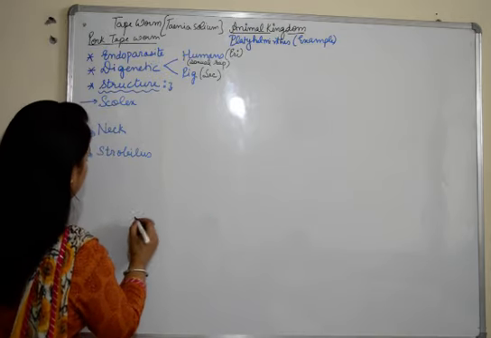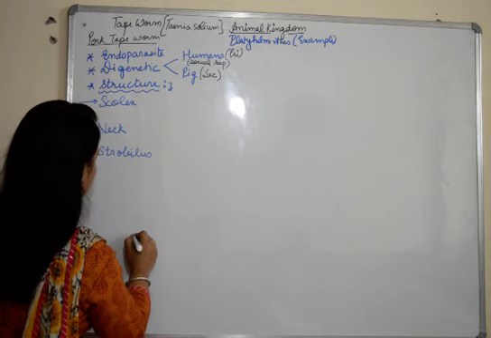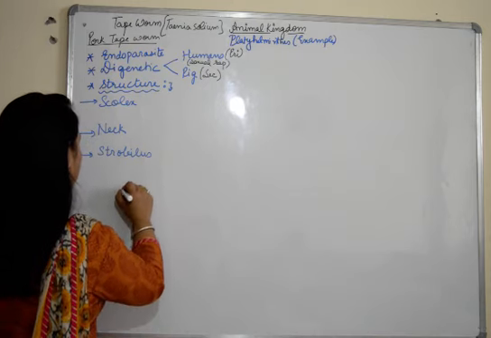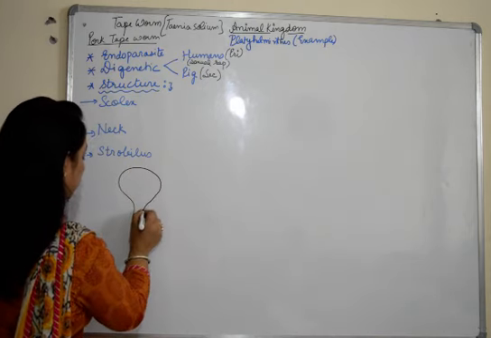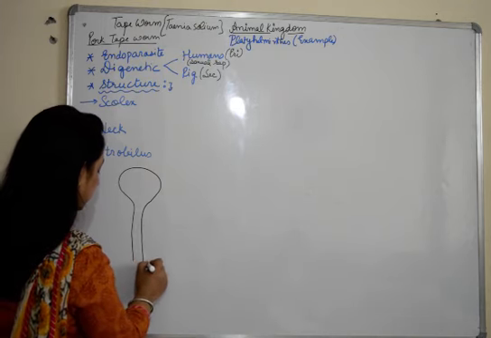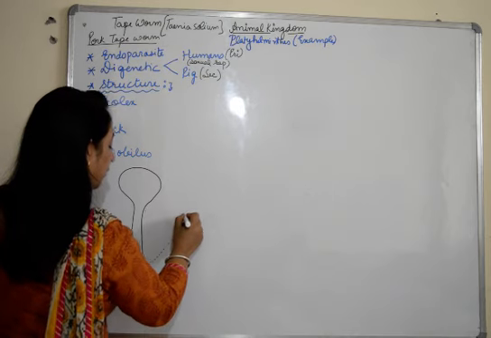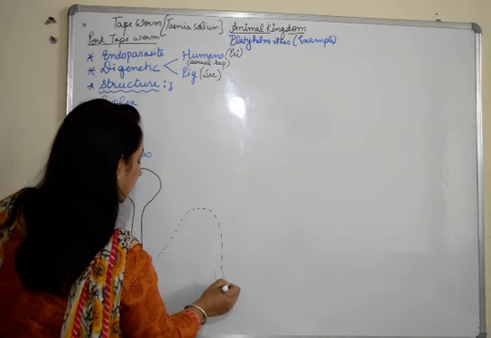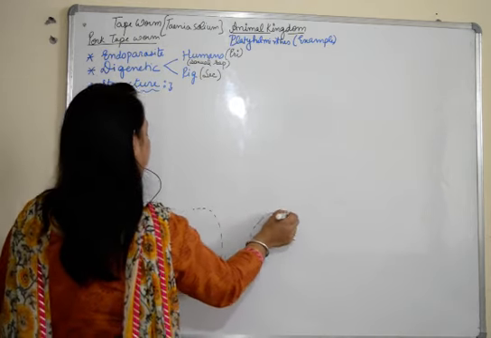If you see the structure of tapeworm, you will see a knob-like structure here, the head region, and the neck will finally enter into this ribbon-like shape.